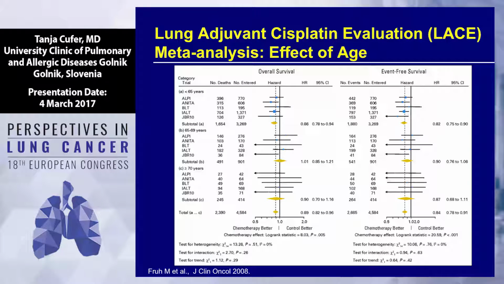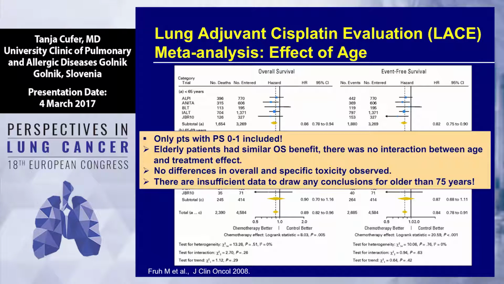So what about adjuvant chemotherapy? A subset analysis of the largest LACE meta-analysis has been done according to these subgroups of ages, and as you can see, the benefit is also seen in the older elderly patients more than 70 years old.